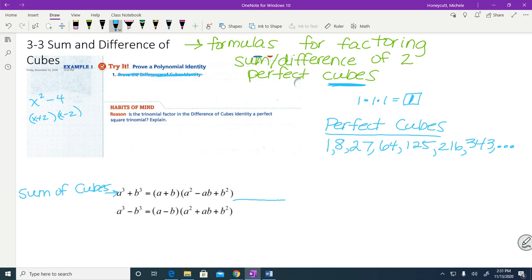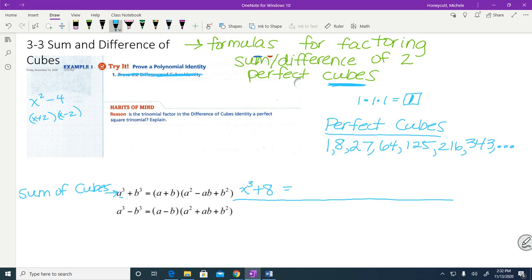So let's look at an example. Let's take a perfect cube like x cubed plus another perfect cube, 8. Let's factor that. I need to know what a and b are.